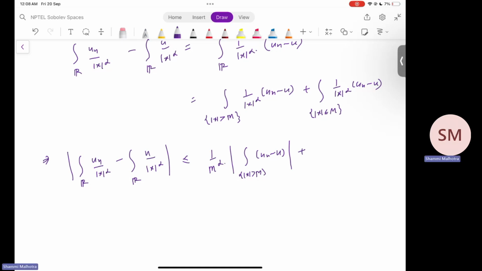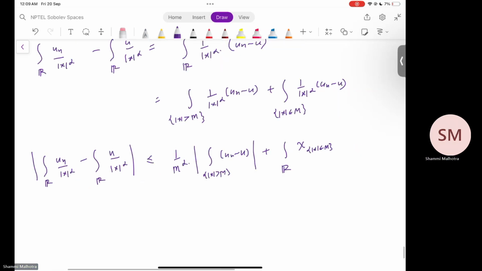And here I can use the Hölder inequality in the second thing. Or we don't even need the Hölder, we can even use this. We can write this in a better form. We can write this as the integration over R of the characteristic function of |x| less than or equal to m, divided by |x|^α, into (u_n minus u).